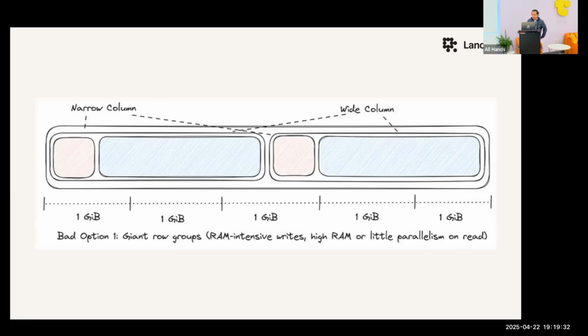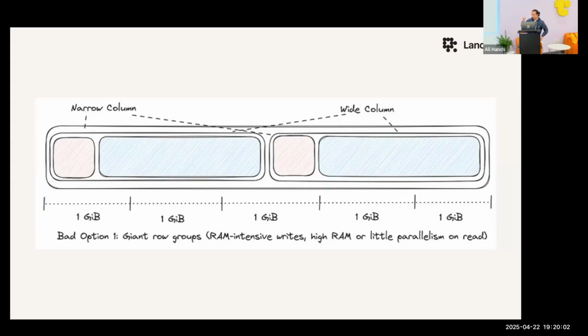And the problem with Parquet row groups is that it forces you into really bad trade-offs. This is one extreme with Parquet: you have these really giant row groups. If you use the default number of rows per row group, it becomes really memory intensive to write, and there's very little parallelism that you can have on reads.